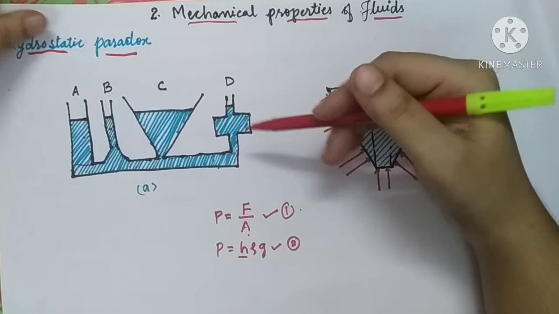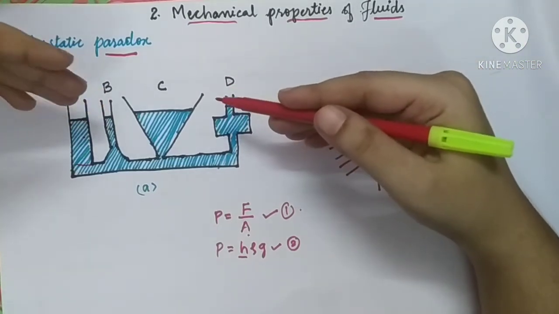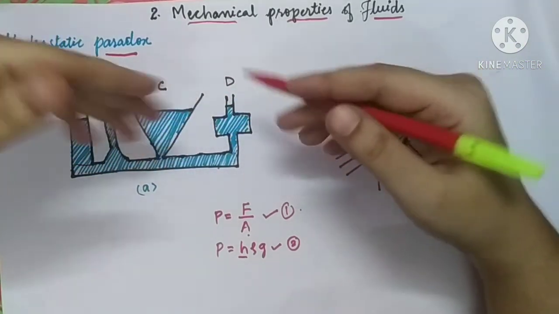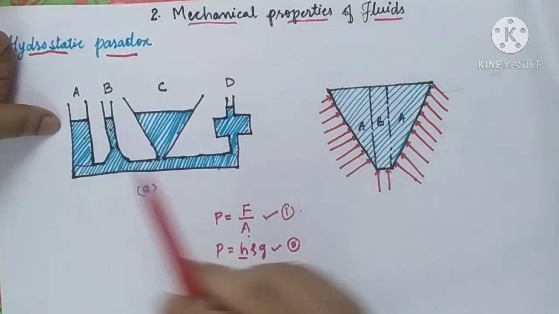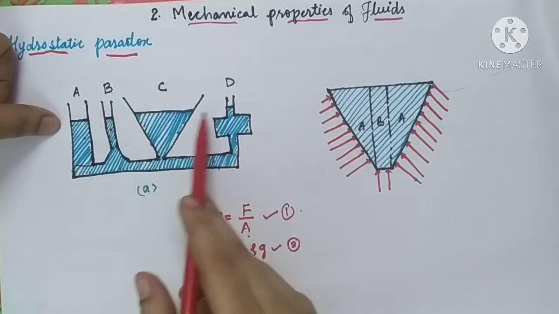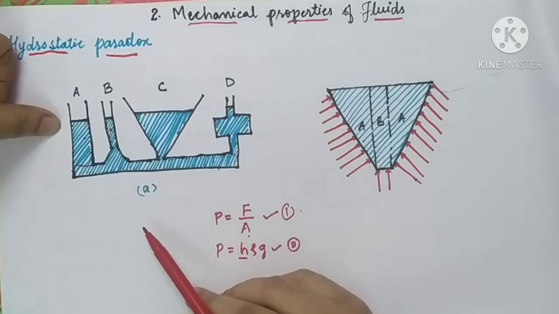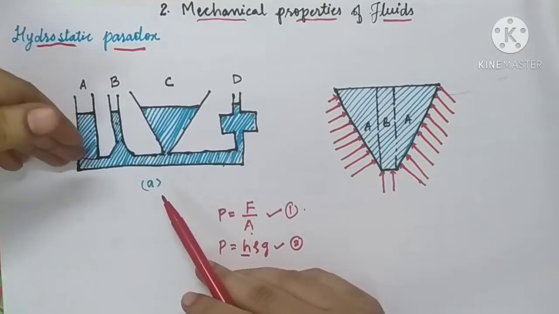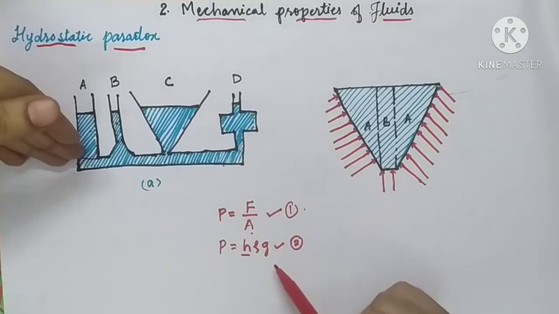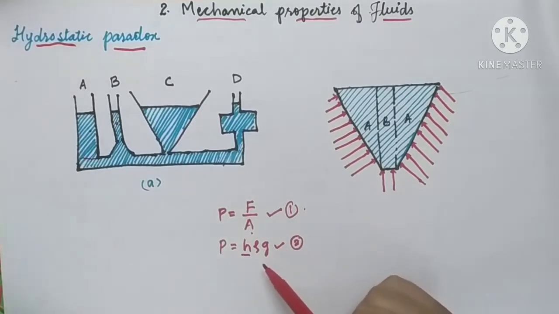But what you will see after the state of equilibrium, once the entire liquid is filled in this container, is that each container has the same level of liquid. So it is a contradiction to these two equations. What do you say about this contradiction?